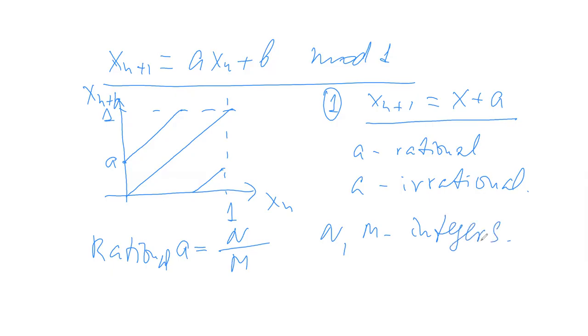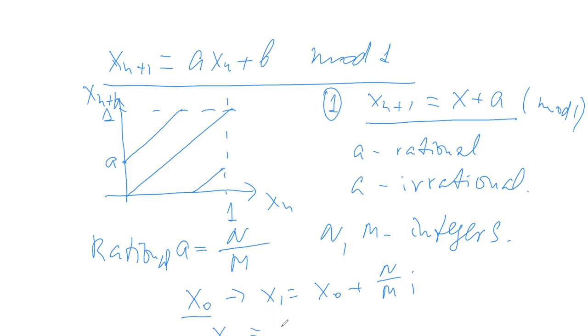By the way, I forgot here to put mod 1. Let's say we started with x naught. X1 will be x naught plus n over m. And what I am interested in is x m.